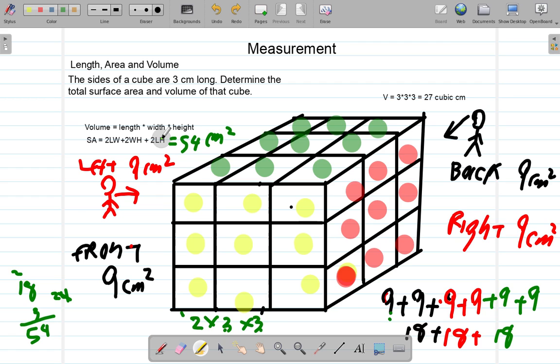But we've looked at how you can actually count squares and count cubes to get the total surface area and the total volume of a cube. But you do have these formulas that you can use. Now, we'll just take a break for now and we end this video, and I'll see you in the next video.